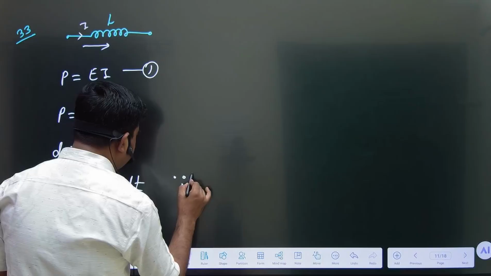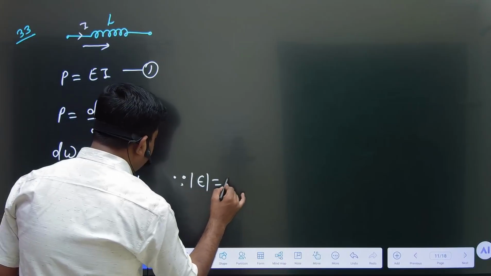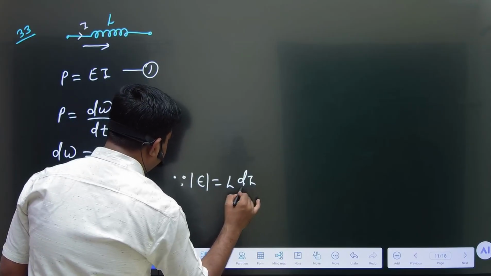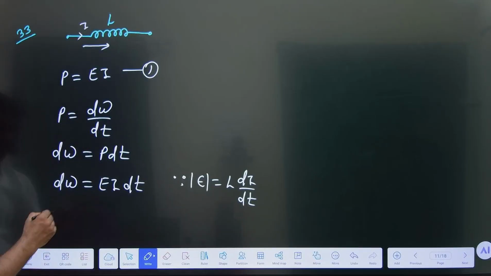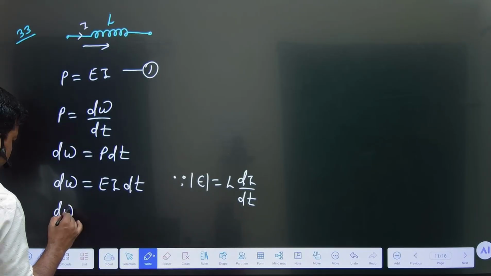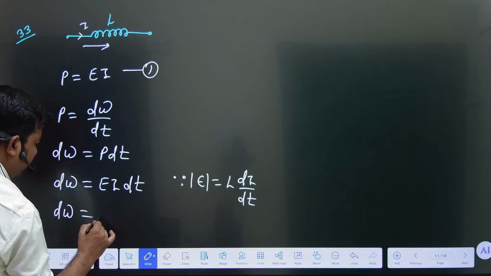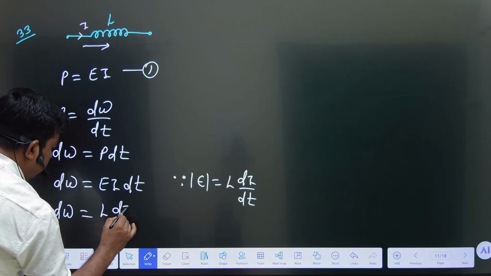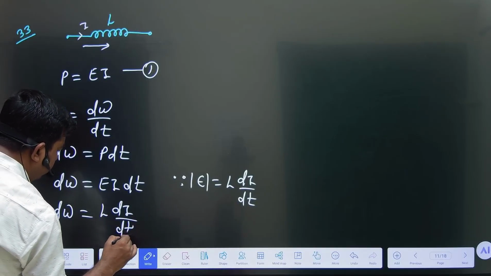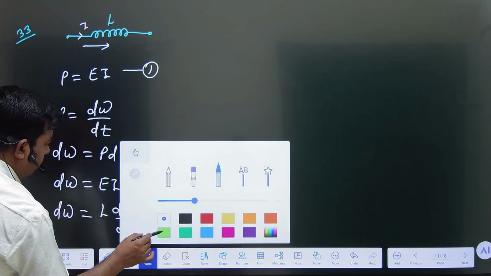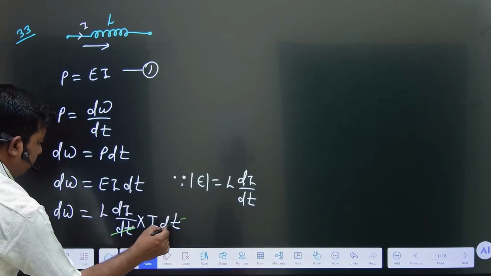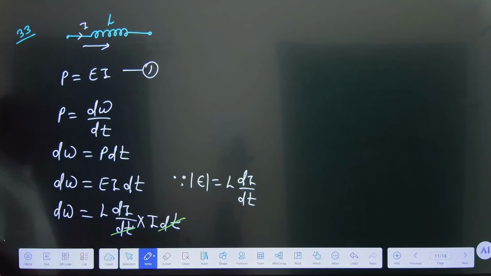The magnitude of induced EMF E equal to L di by dt. So dW is equal to L di by dt multiplied by I dt. Here we cancel dt and dt, so we write Li di.